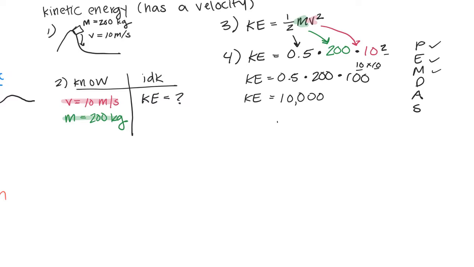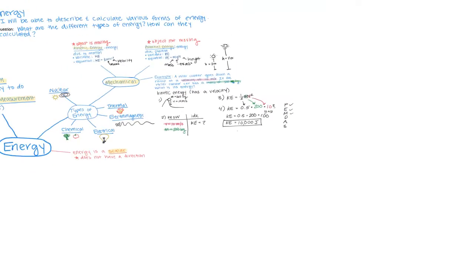We're taking the half of 200, which is 100, and 100 times 100 is 10,000. So we get a final answer of 10,000 joules. Remember, our unit of measurement for energy, any type of energy, whether it's kinetic, potential, chemical, anything, our physics official SI unit of measurement for energy is joules. So that is how we got our final answer there.